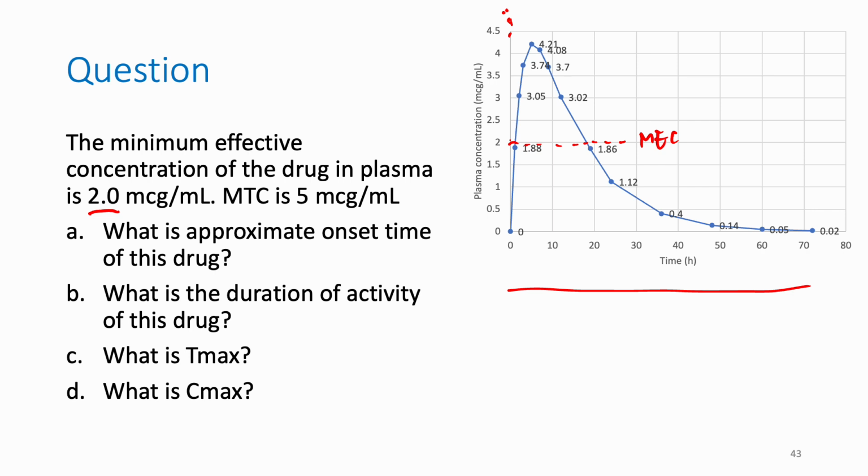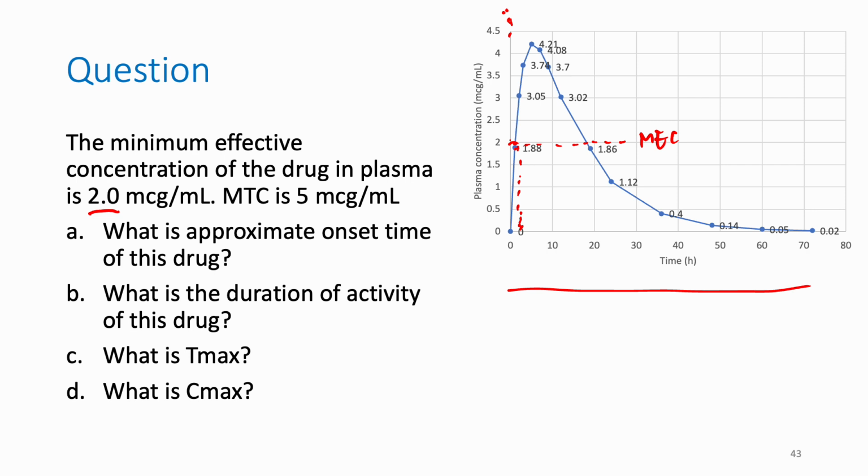Anytime that it reaches this one is the onset time of the drug. If you can calculate it, you can have the exact number. For this one it's less than 5 hours, then you have the onset time of action.